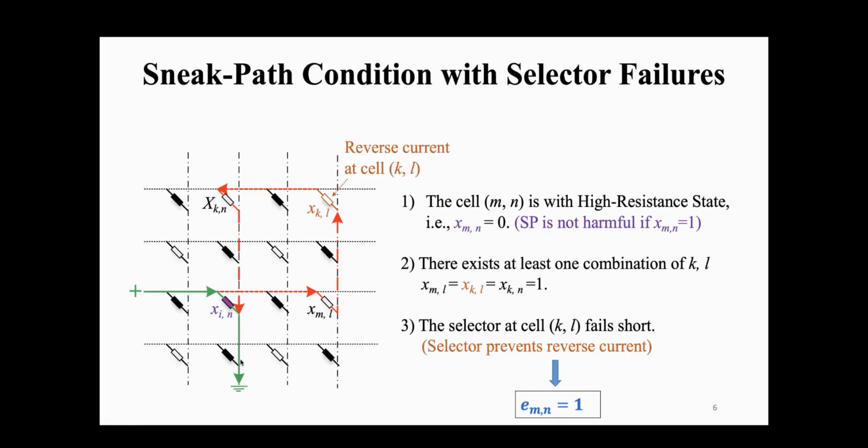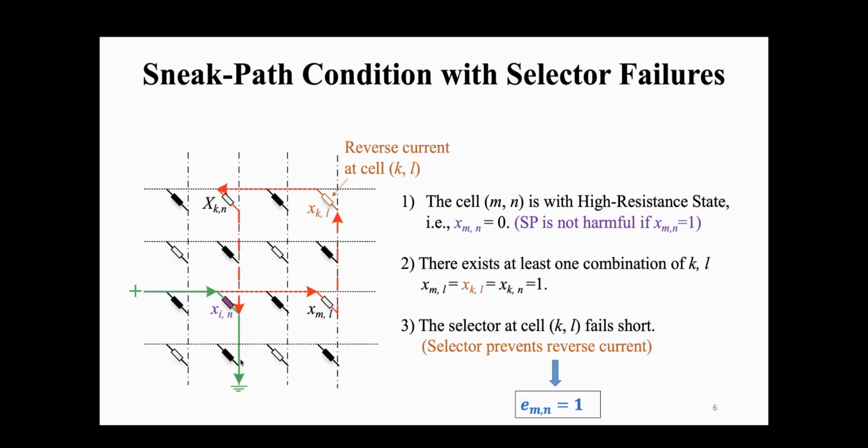A common way to solve the sneak path problem is introducing a selector in series to each memory cell. In this work, we consider 1D1R RRAM, where the cell selector is a diode.